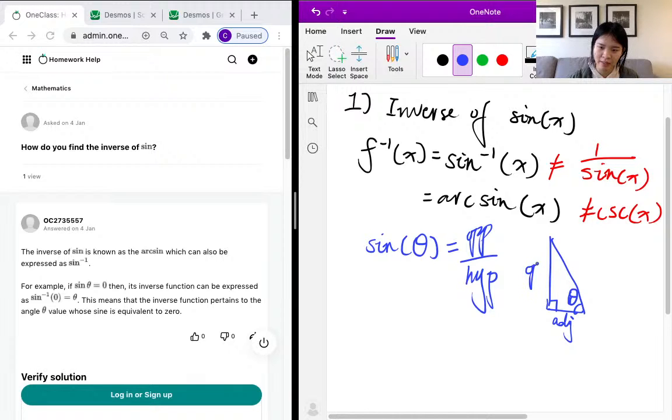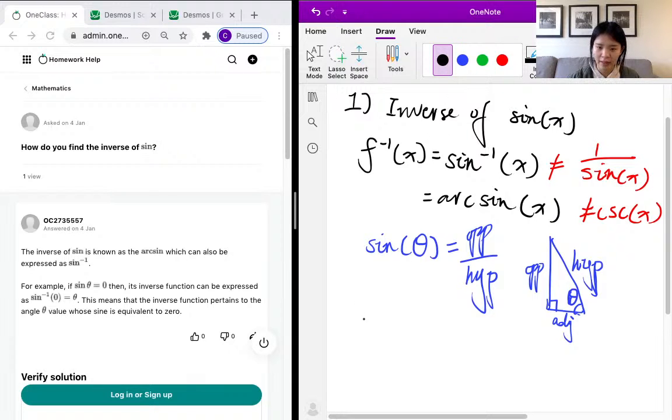This is the opposite side of the angle theta, and this is the hypotenuse of the triangle. The sine of theta is just the opposite side divided by the hypotenuse. This is how the sine function is defined.